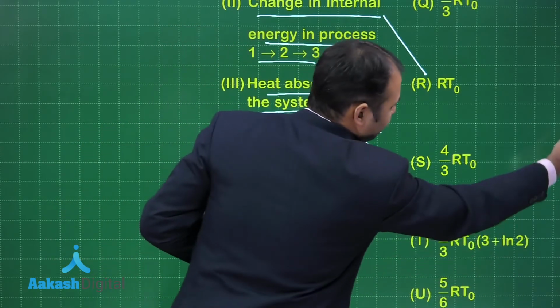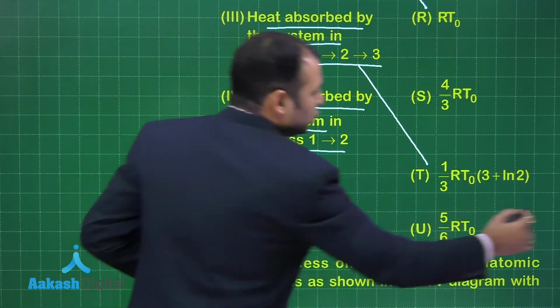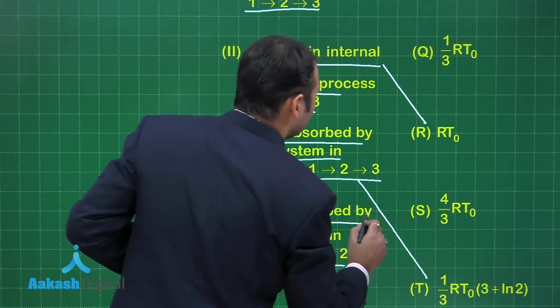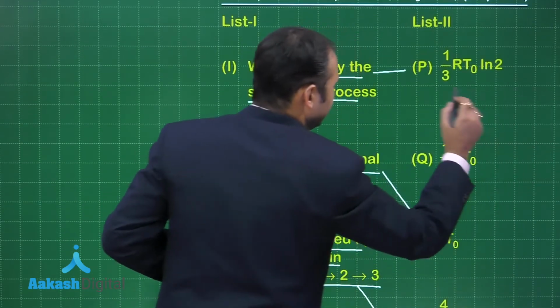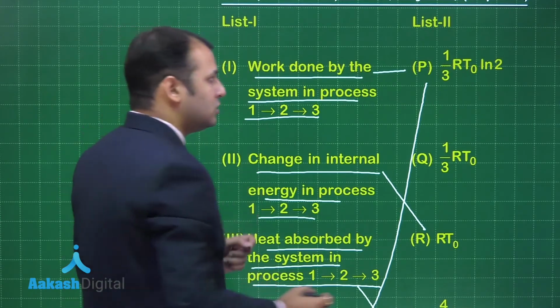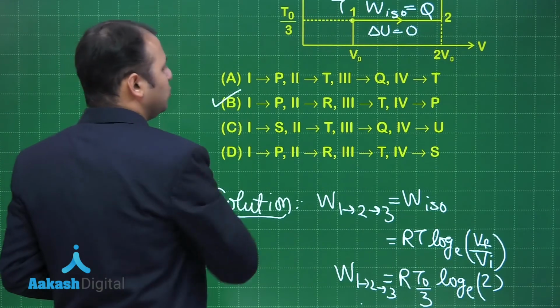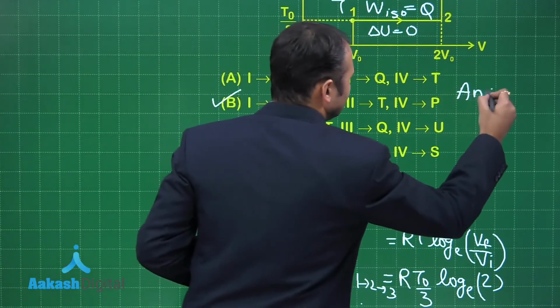Then the fourth one, that is the heat absorbed by the process 1, 2. Again we have to move to this process of P here, right? Because this was the work done of the isothermal process. So from the 4 matchings, we can find that option 2 is the correct answer to this question.